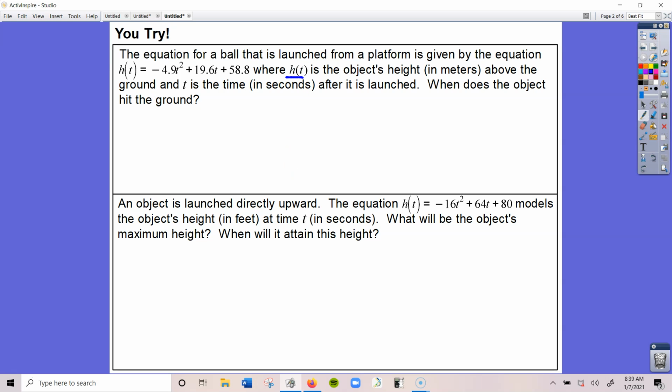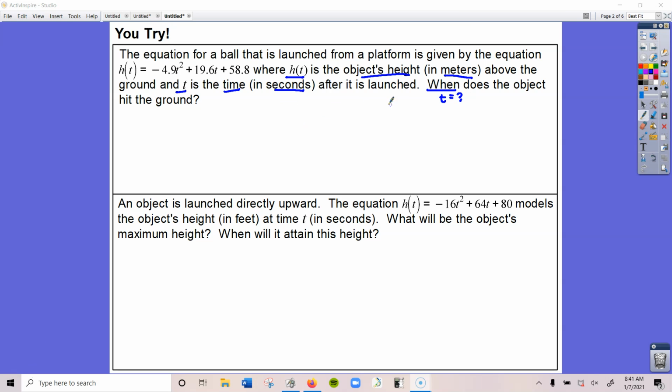So I like to underline these things so I don't forget my units, I don't forget what everything represents. So h of t is height in meters and t is time in seconds. And we're looking for when the ball hits the ground. So we are solving for t.